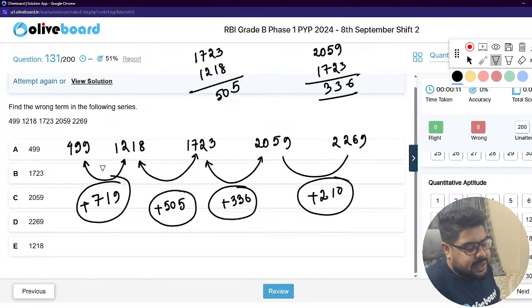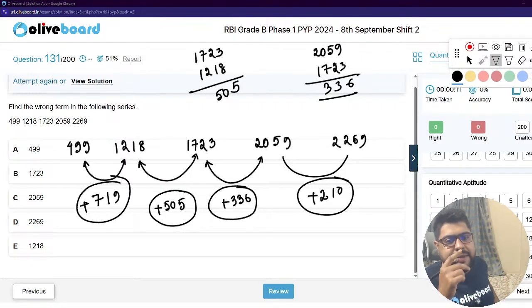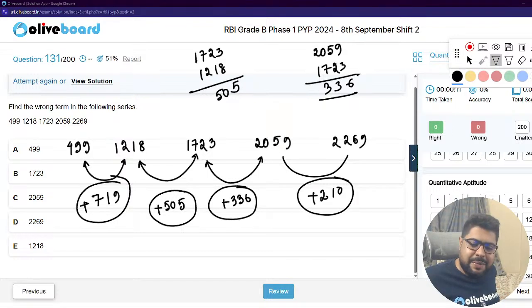Sir, anything that you guys are getting here, anything at all? Sir, 210. The best thing that comes to my mind after just seeing 210 is, sir, 6 cubed, 216, minus 6.